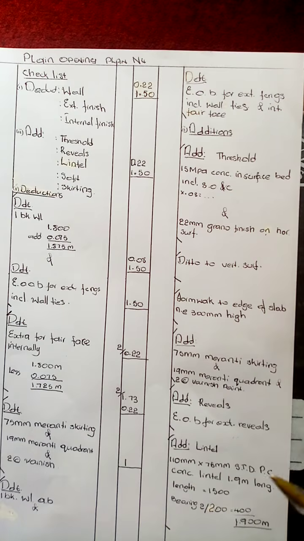The width of the opening is now the length of the concrete lintel. The bearing of that concrete lintel must be 200 each side. Therefore, 200 by 2 is equal to 400. So 1.5 meter plus 400 gives us 1.9 meters long, as it is in our description.